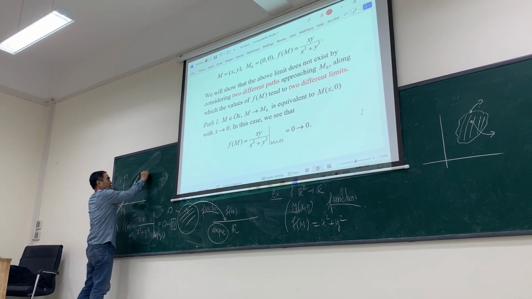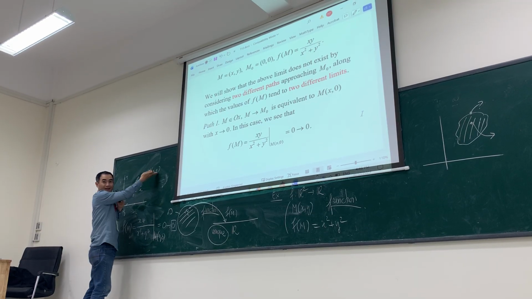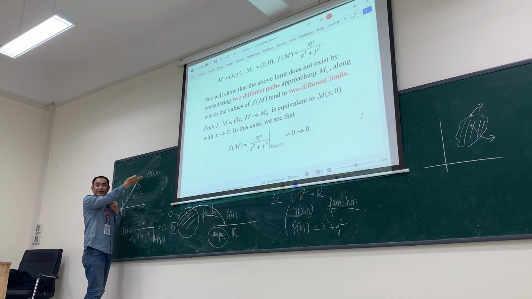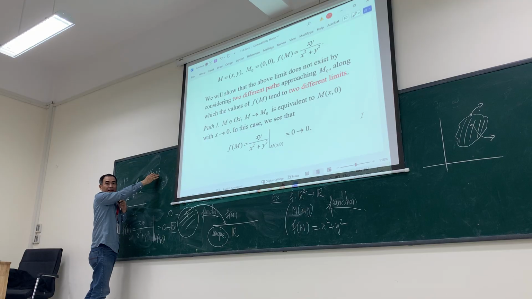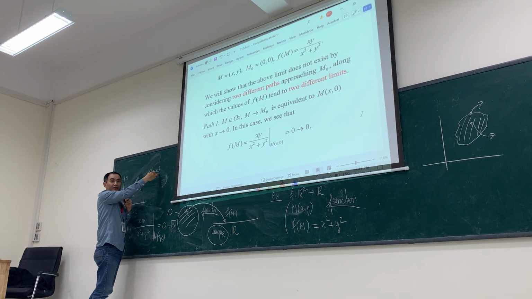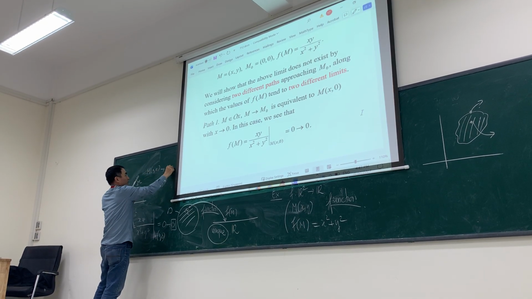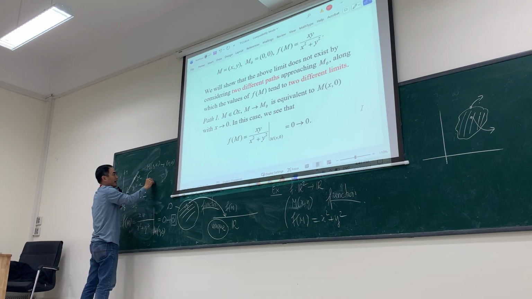We can express M by this. M has coordinates (x, x), that means y equals x. When M tends to (0, 0), that is equivalent to x tending to 0.